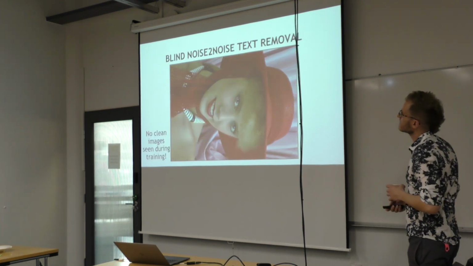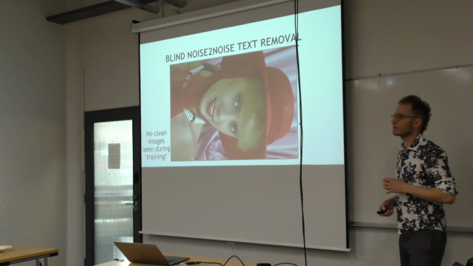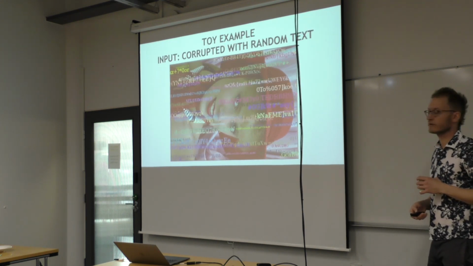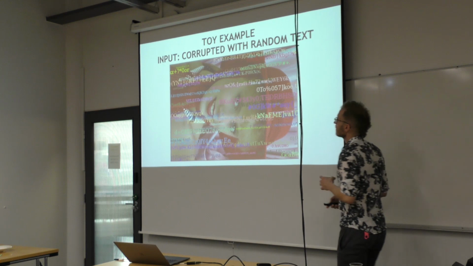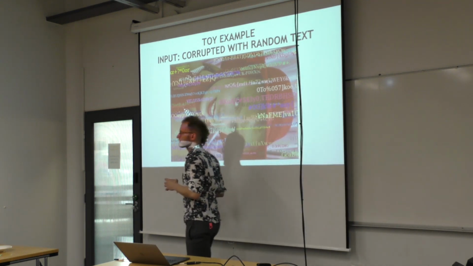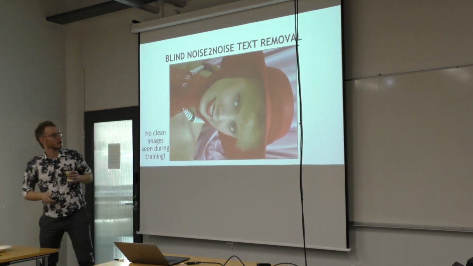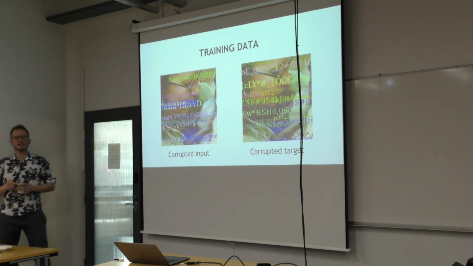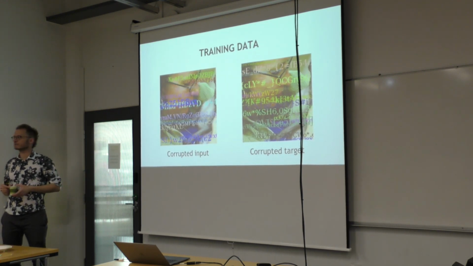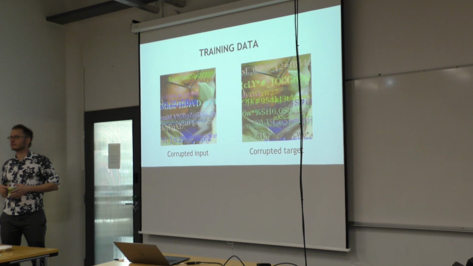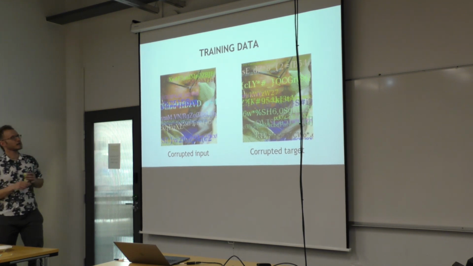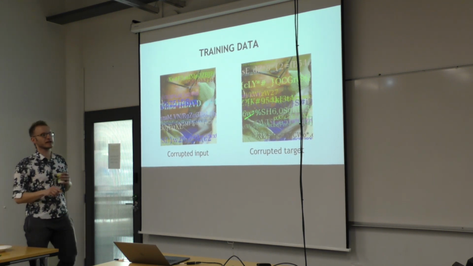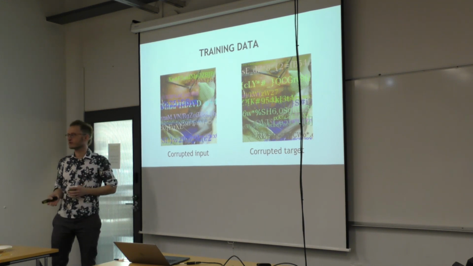So this is an example of learning to in-paint random text from images, but trained only by seeing images that have random text. It's never seen a clean image. It's only seen images that have different random overlays of text on them.